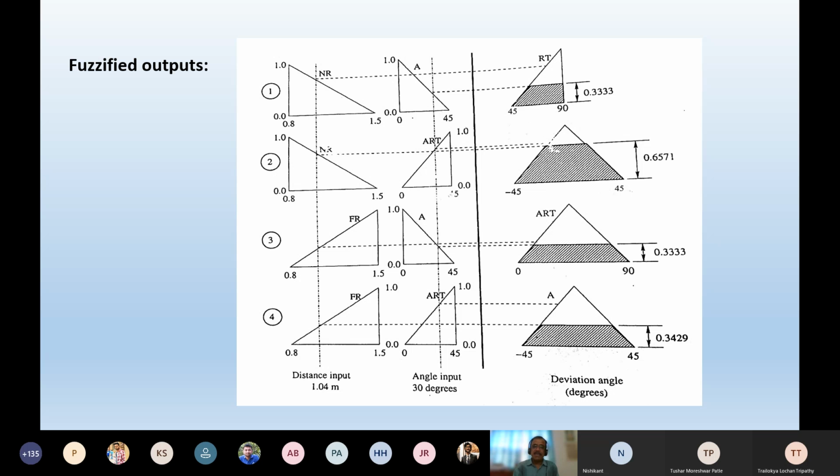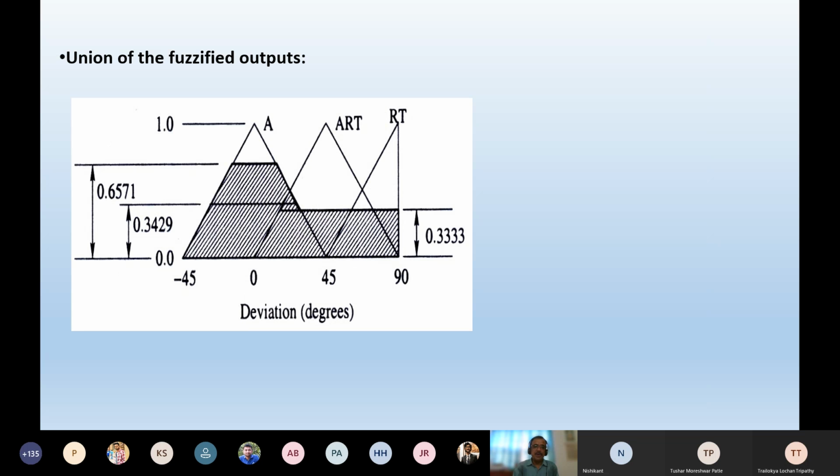Now if I combine all 4 shaded portion areas, I'll be getting this type of combined control action. You can see this particular area. All of you please try to get it. Have some practice.